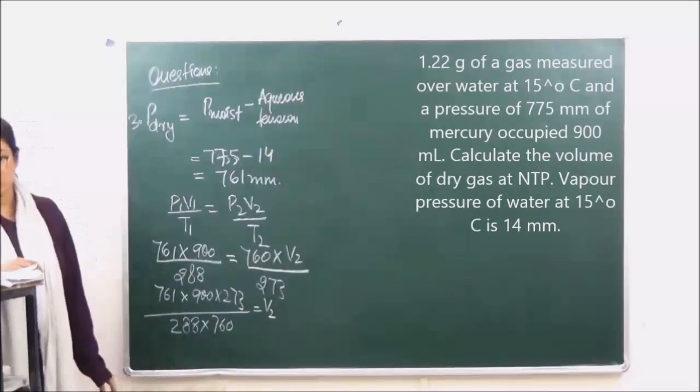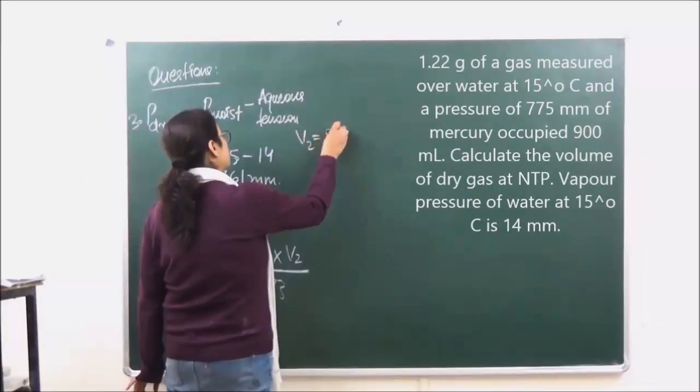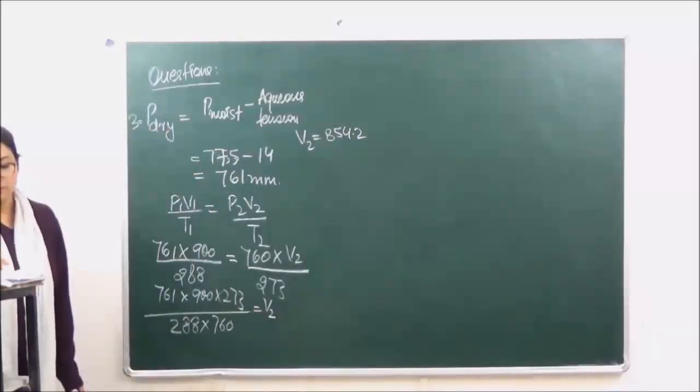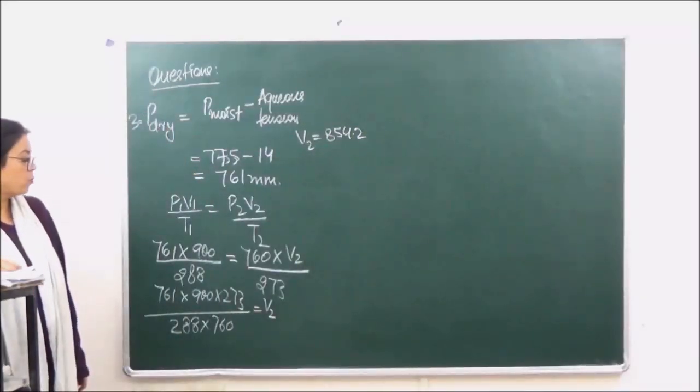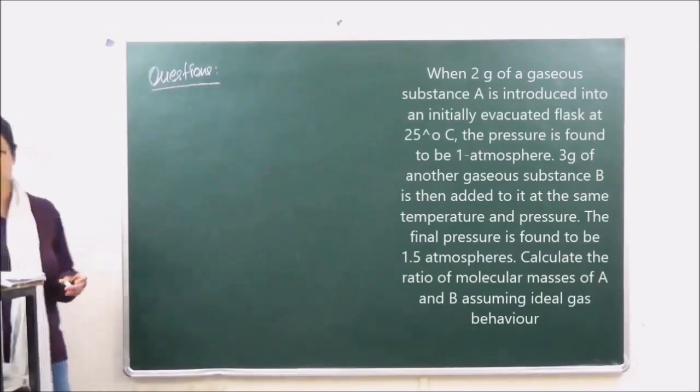Okay, so जब आप V2 कैलकुलेट कर रहे हो, V2 that is coming to 854.2 ml. 854.2 ml.